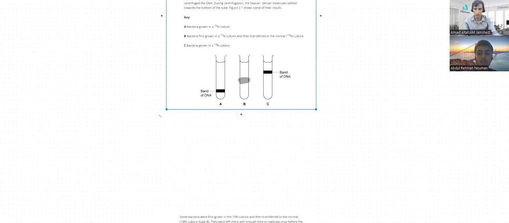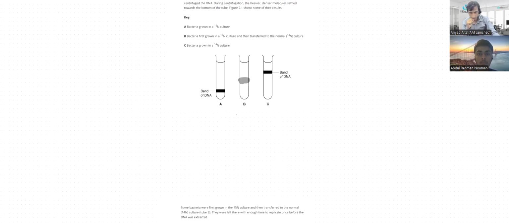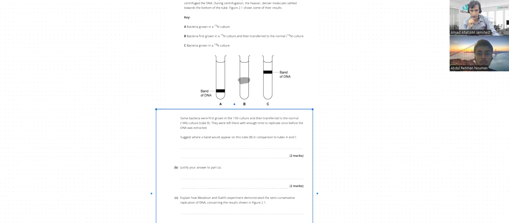Okay. All right, here's the question. Some bacteria were first grown in N15 culture and then transferred to the normal culture. They were left there with enough time to replicate once before the DNA was extracted.